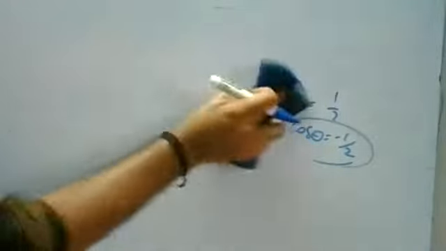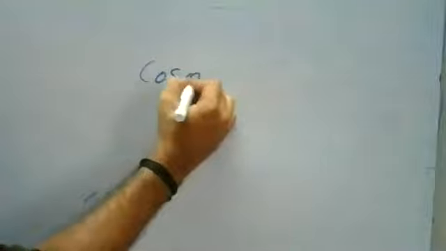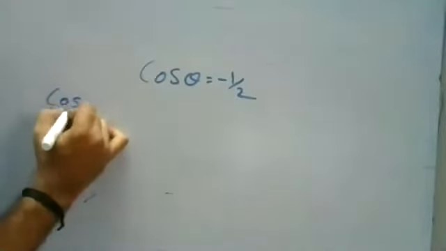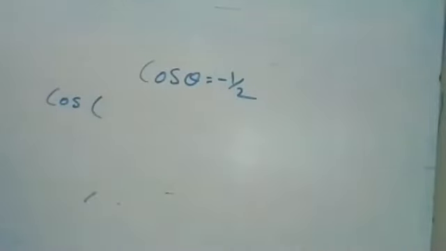So cos theta is equal to minus 1 by 2. Can we find out in which quadrant this lies? I'll take it as the second quadrant.